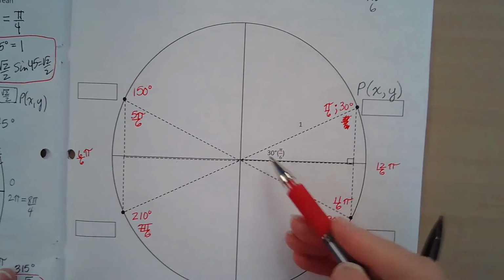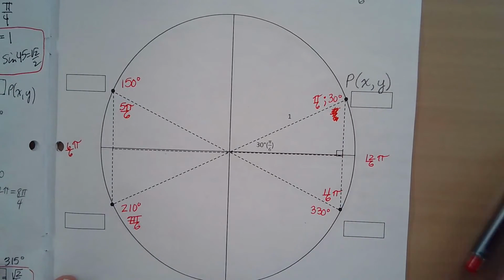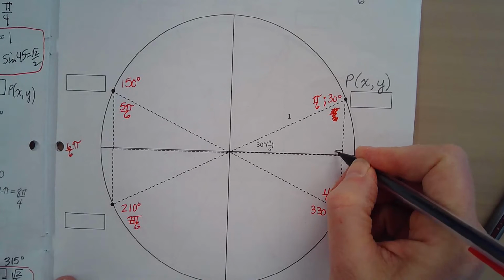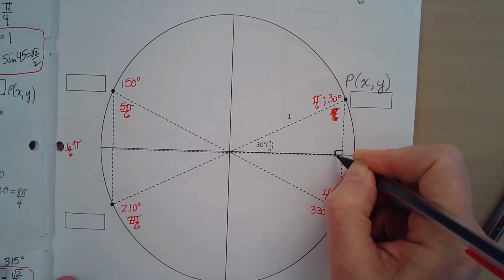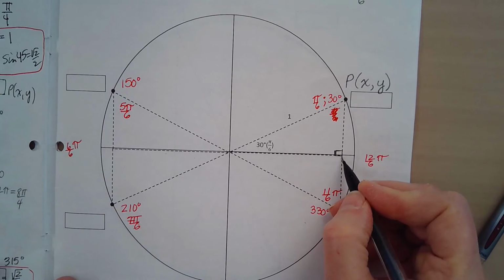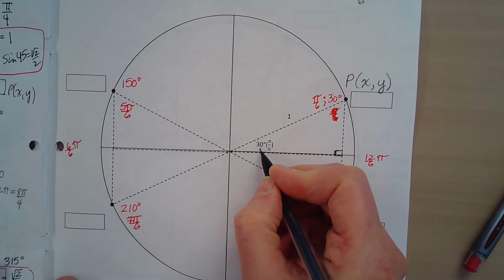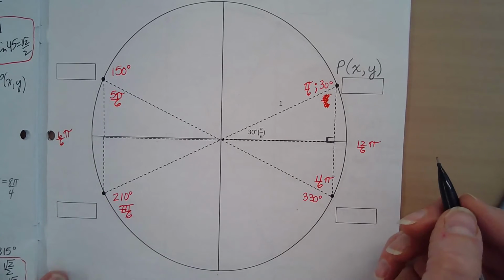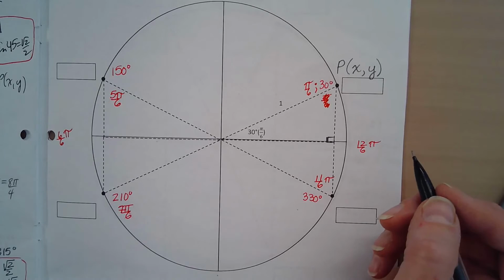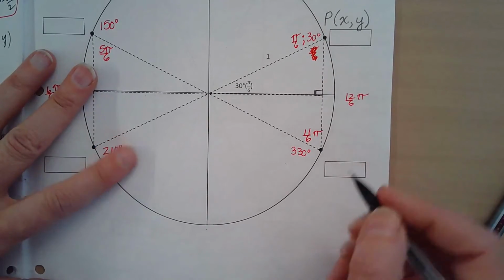Okay, so I have this triangle here, and if you look closely, it's a right angle triangle again, because we're talking about right angle trig. So this angle is 90 degrees, and this is 30 degrees. And there's a geometry theorem, I'm just going to tell this to you.